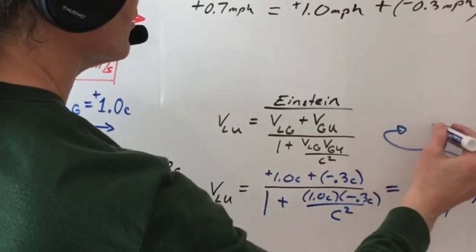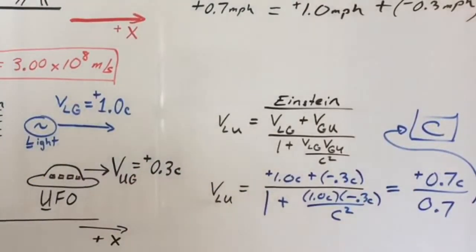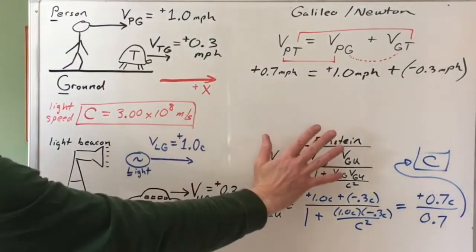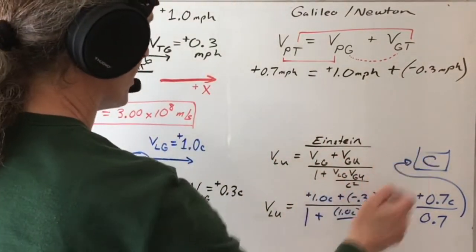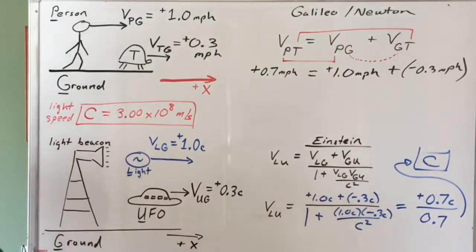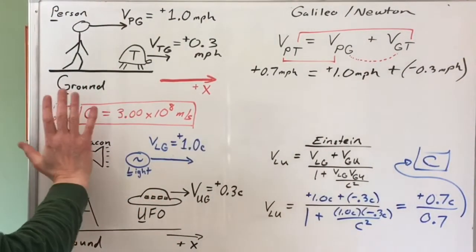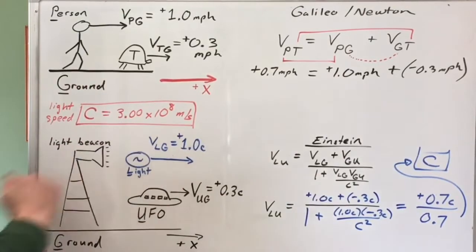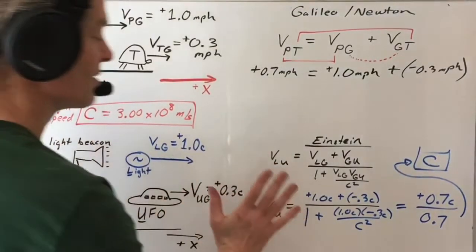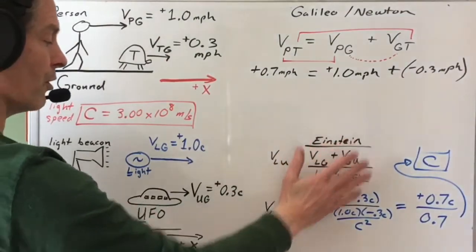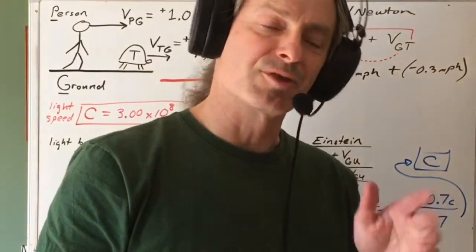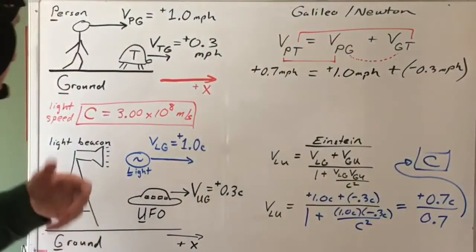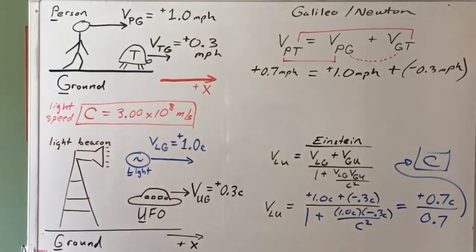That gives me, for my answer, c, which is what I want. The Einstein formula gives me that the velocity of the light relative to the UFO is positive c. Now, if we turn this around, if we had it all going the other direction, I could get negative c. So the velocity could be positive c or negative c. Speed of light has to be the absolute value of that, 3 times 10 to the 8th meters per second, or just c. All right, so this Einstein velocity formula for this example gives a result consistent with Einstein's second postulate for special relativity, which says that the speed of light is the same for all observers, and that speed of light has to be c.